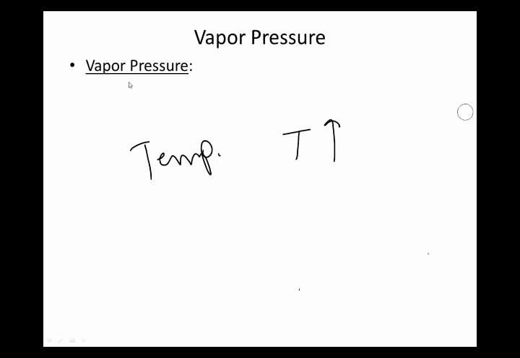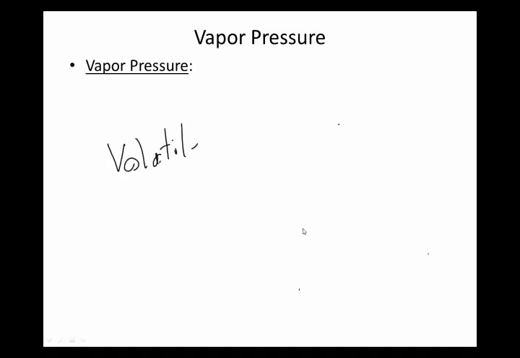Let me say this. There's another word that chemists use that is used differently in common language: the word volatile. People use the word volatile to mean explosive or reactive.